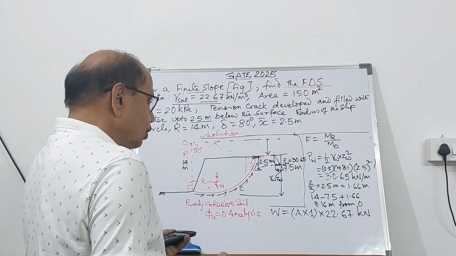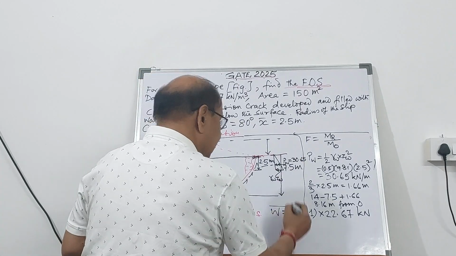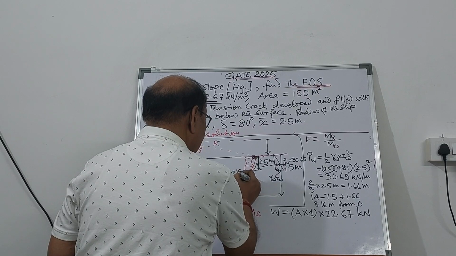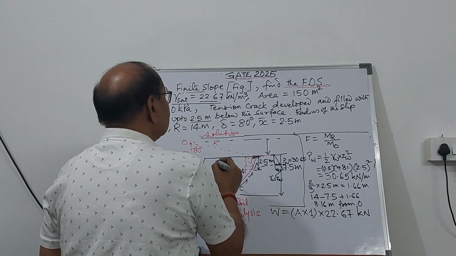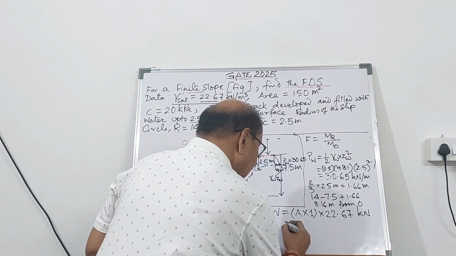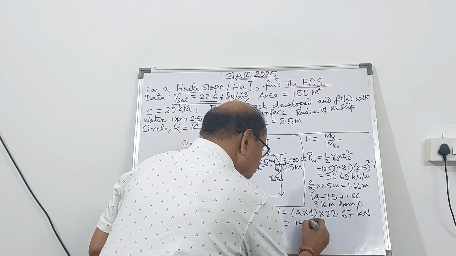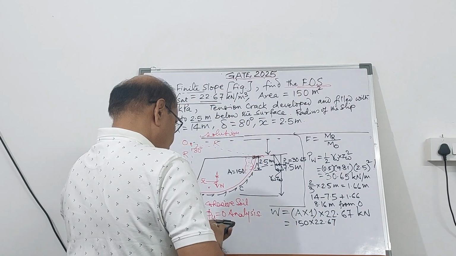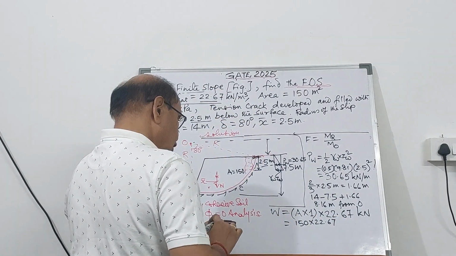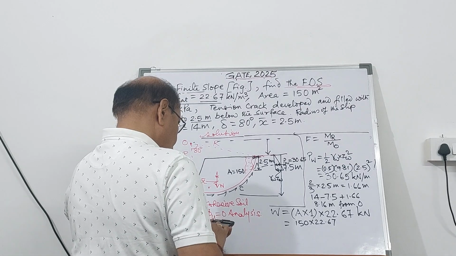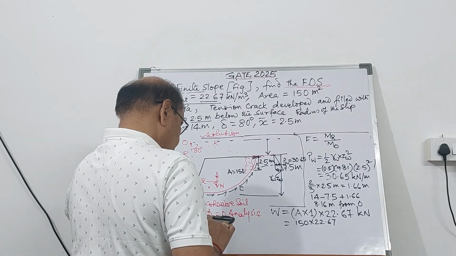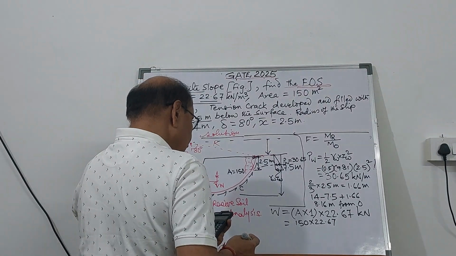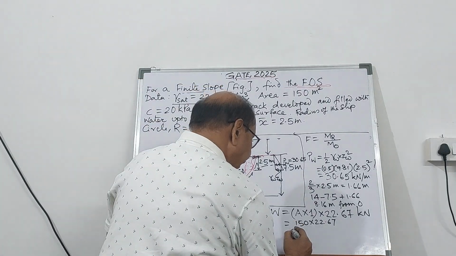So weight is also known to you. Area is given. The area here is given as 150. So it is 150 into 22.67. So 150 into 22.67 is the weight.